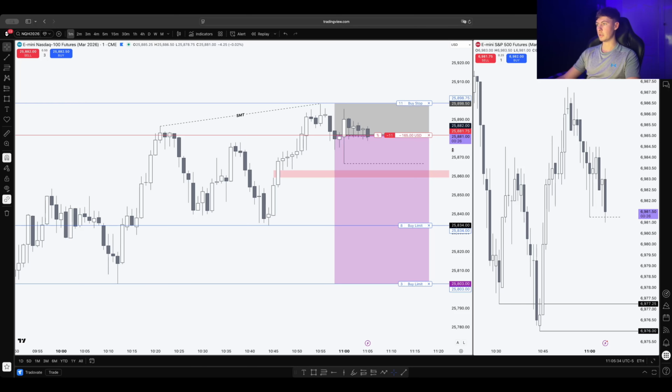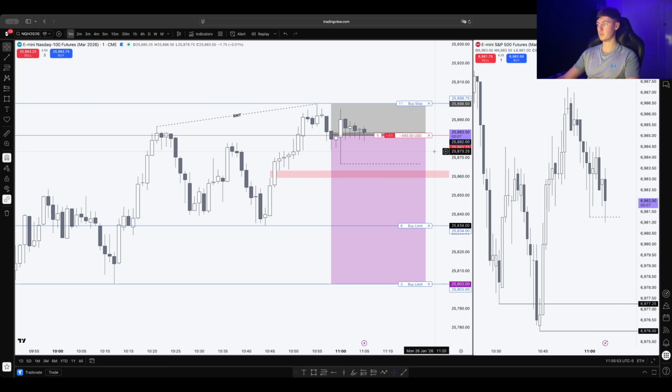Okay, ES has just displaced through that low there. Not going to trail stops on NQ yet. I want to see more of a displacement on NQ. So let's see.